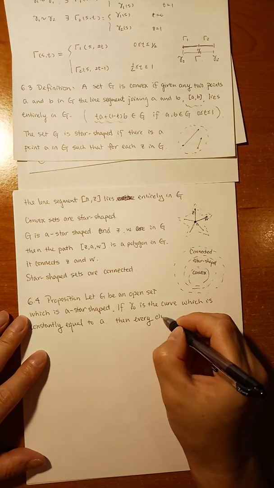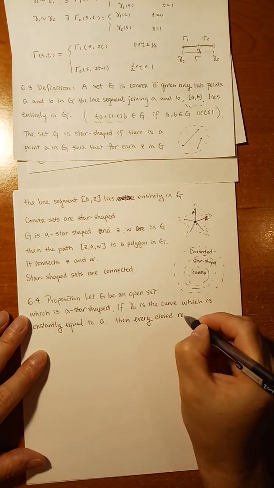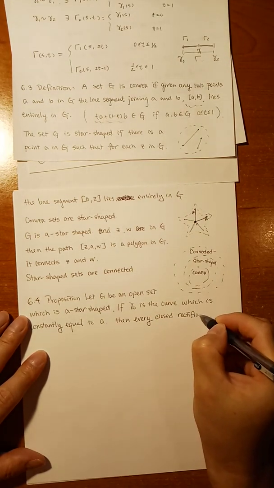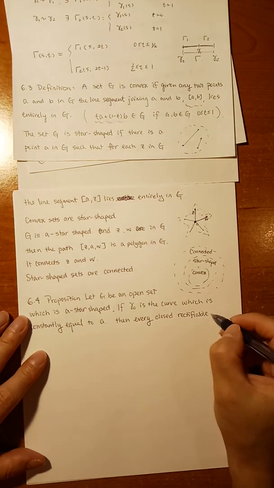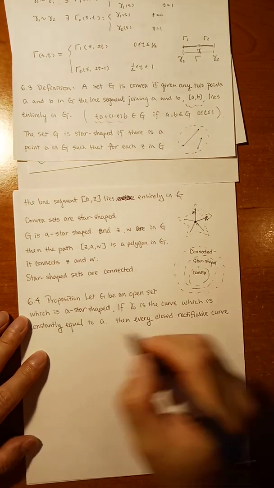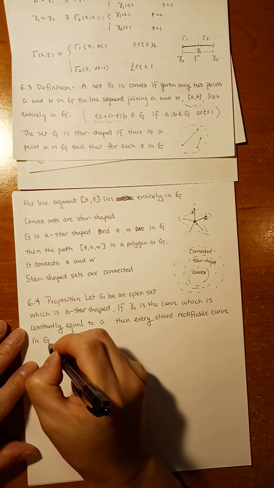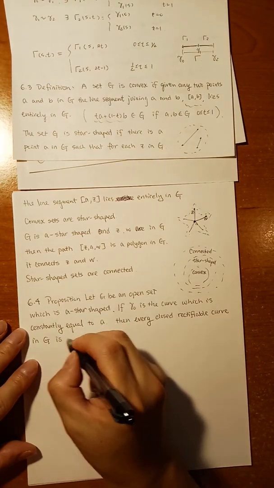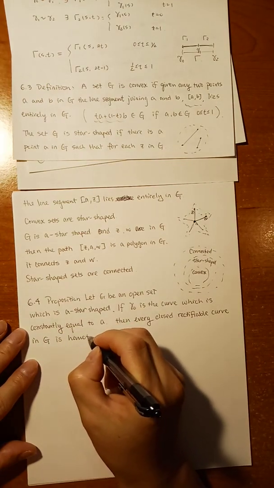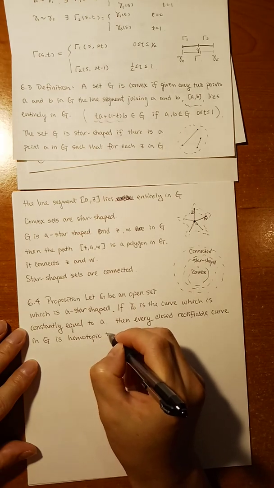every closed rectifiable curve in G is homotopic to gamma 0.